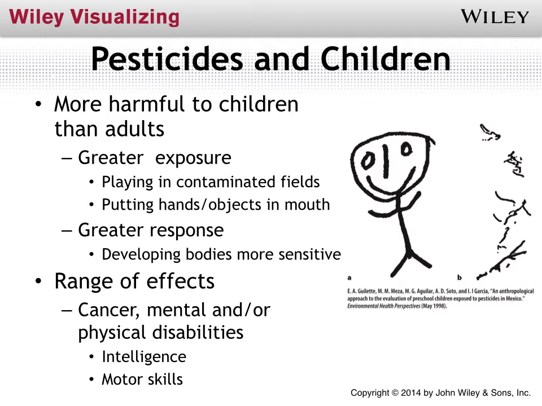A stick drawing of a person made by a child that wasn't exposed to any of these sorts of chemicals, compared to the image on the right where a child was asked to draw a person and basically couldn't put those skills from their brain to their hands to actually draw a person.